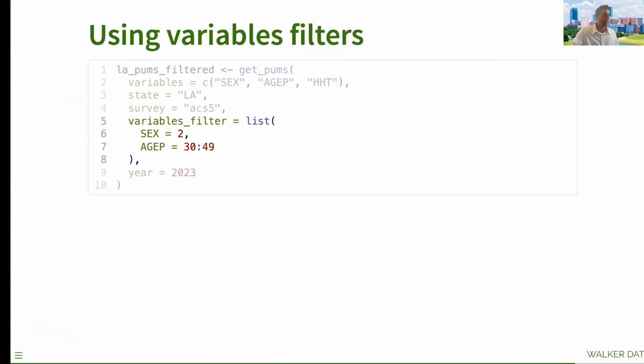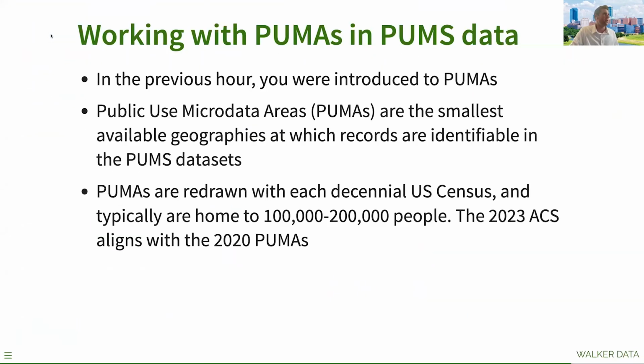So jumping back to the slides then, we can look at some other functionality in the PUMS data. So I mentioned PUMAs briefly in the previous hour, that are flexible geographies that can be used for the 1-year ACS. So PUMAs are called public use microdata areas.